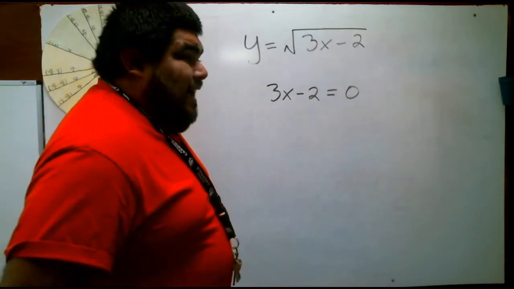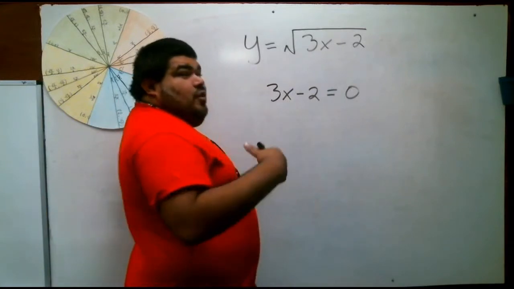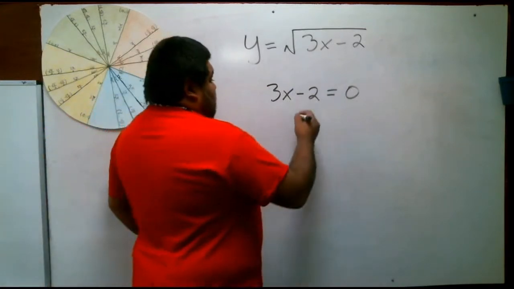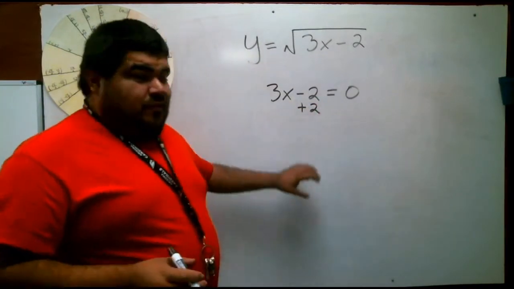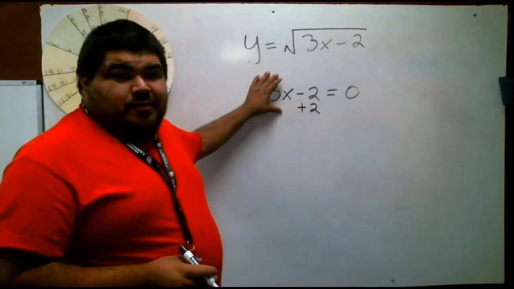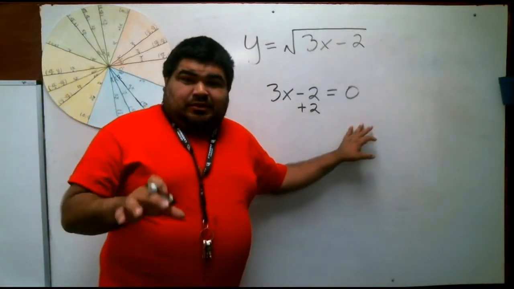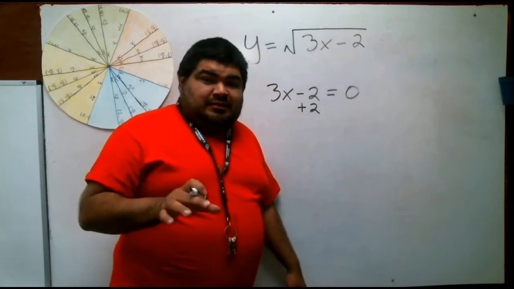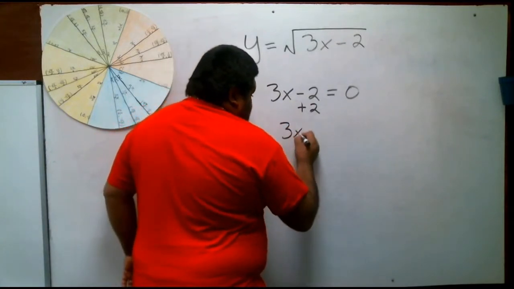Once we have that, we know that we can move things around to solve for x. So we have plus 2, because remember, you cannot move the variable or the number with the variable yet. Always, the first thing to do is move your constant. So we're left with 3x.